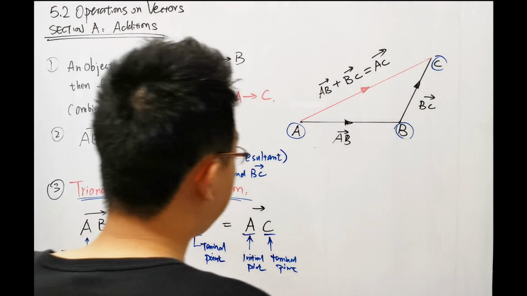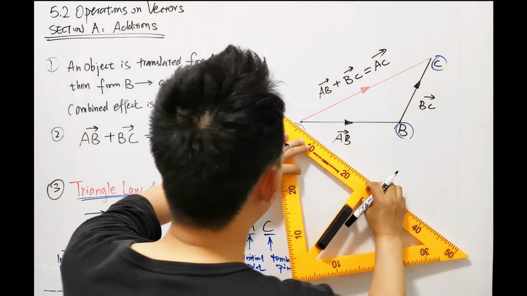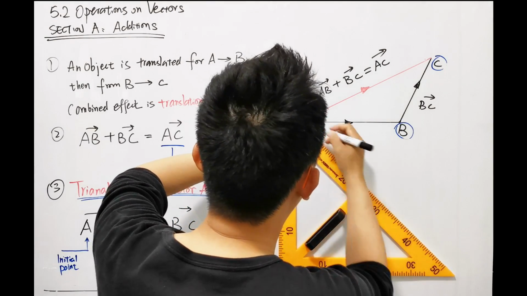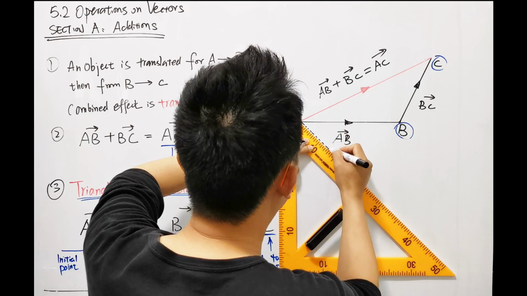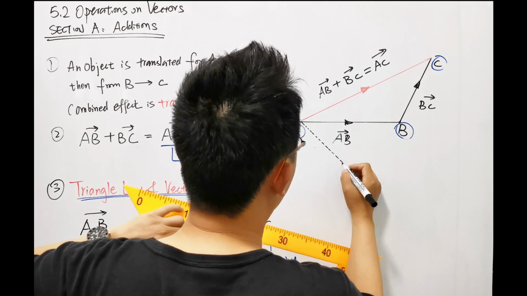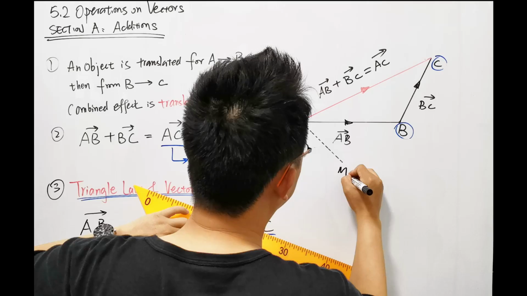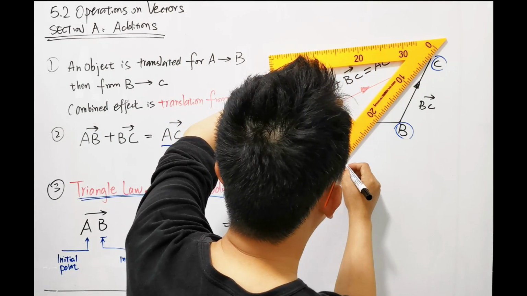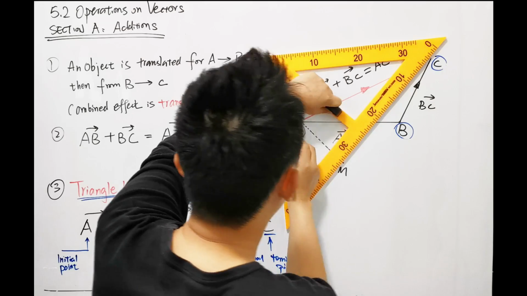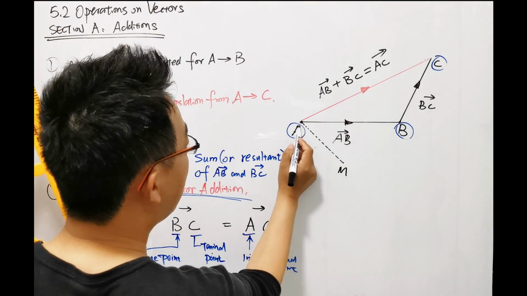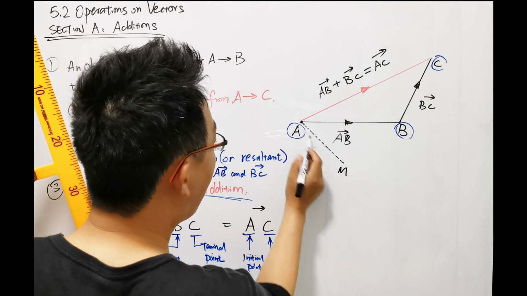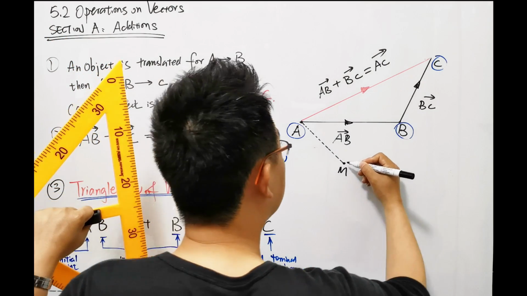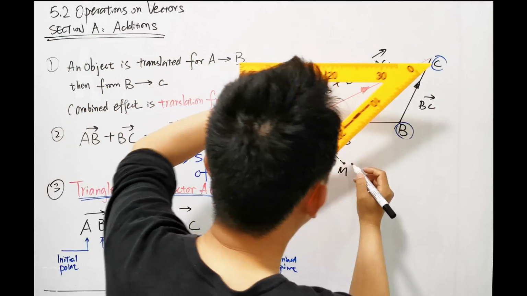For example, from point A, we move to another intermediate point, maybe M. After the object moves from the initial point A to M, it continues to translate to the point C.